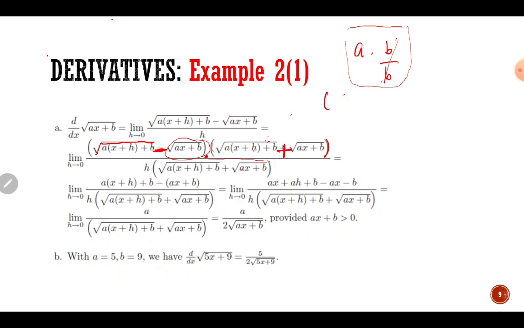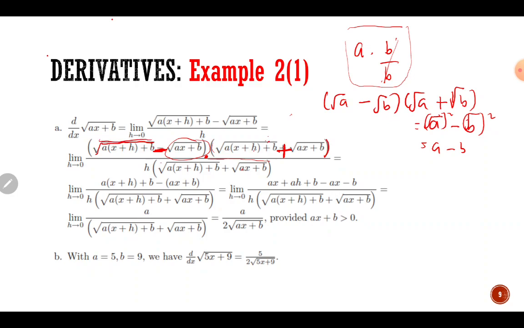Okay, macam saya cakap tadi lah. Square root A minus square root B darab dengan square root A tambah square root B, dia akan jadi A minus B saja. Sebabnya square root A ni dia squarekan, square root B ni dia squarekan. So, you get A minus B. Okay, so that's why the square root gone. So, dia dapatlah A x plus H plus B minus AX plus B. So, you open up the bracket.